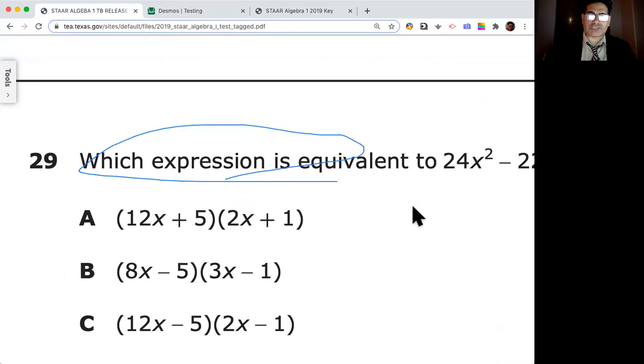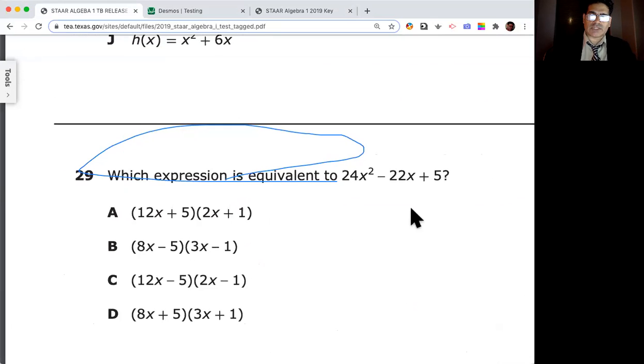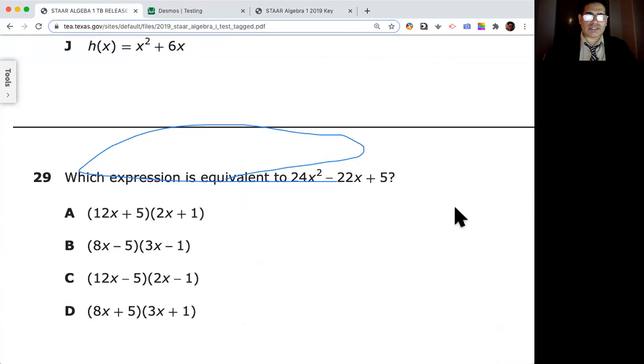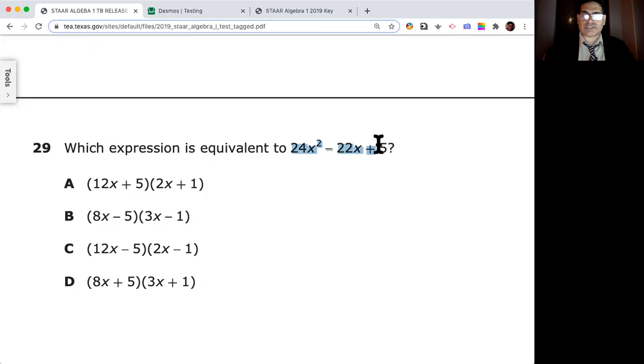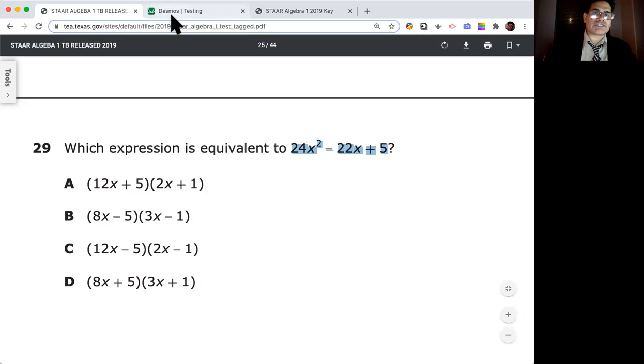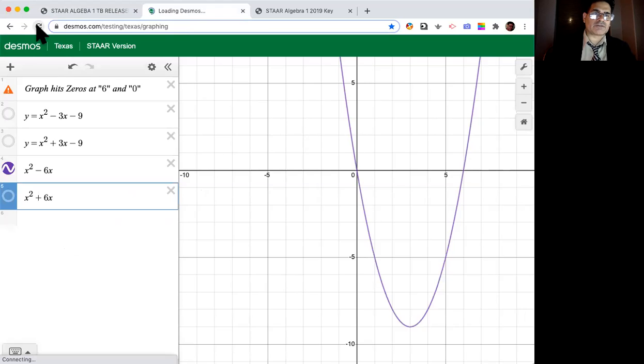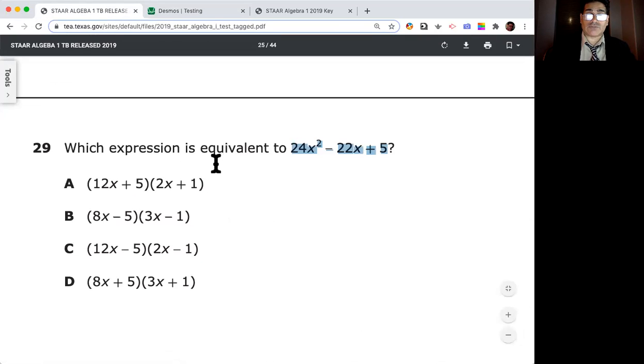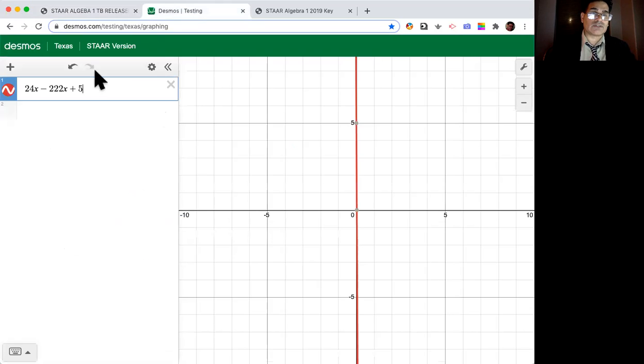29. Which expression is equivalent to? It's actually not that difficult anymore, is it? I'm just going to take this expression and put it into Desmos. 2 times 4x squared minus 22x.